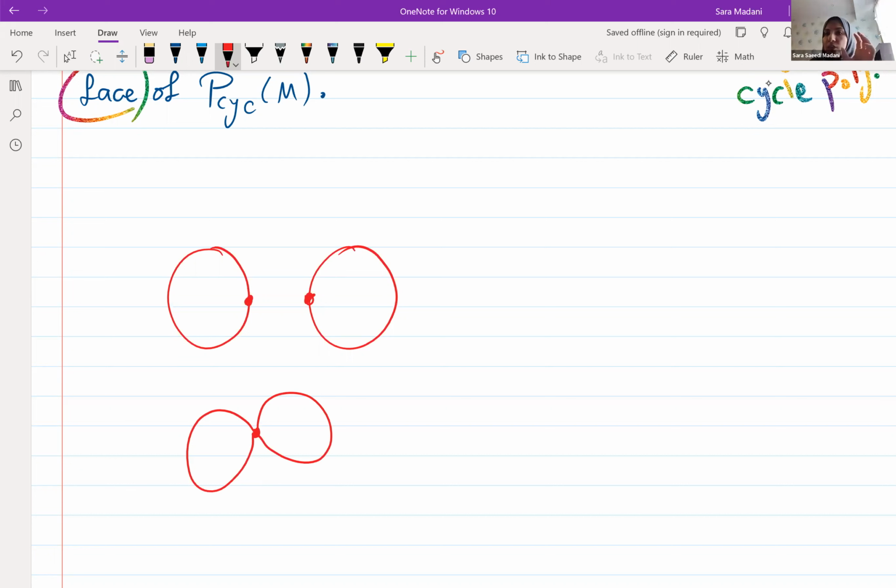So I change vertices, but I do not change edges here, and I do not change the cycles of this graph. So the structure of the graphic matroid of this one is the same as this one. And that's why, it's not necessary, but that's why sometimes people assume that the graphic matroid is associated to a connected graph. It's because you can glue the connected components with no damage to your structure.